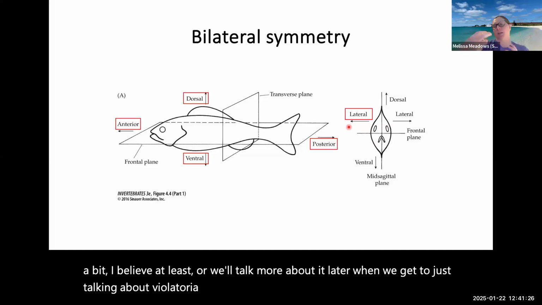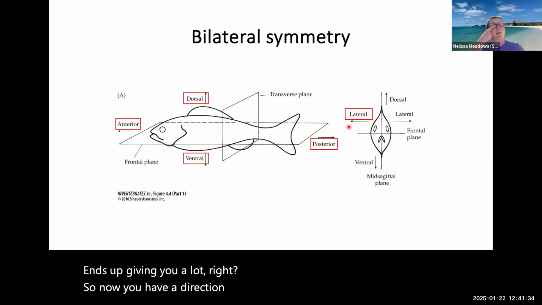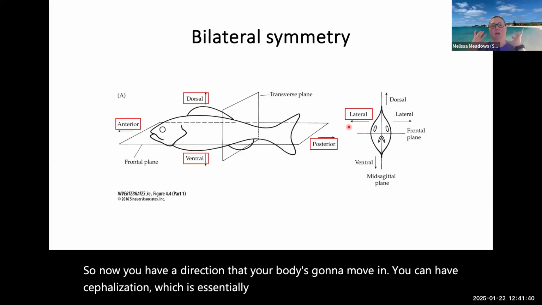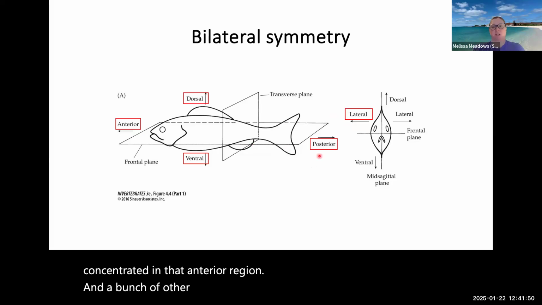Having a head end ends up giving you a lot, right? So now you have a direction that your body's going to move in. You can have cephalization, which is essentially having a brain and sensory structures concentrated in that anterior region, and a bunch of other stuff. So anyway, that's bilateral symmetry.